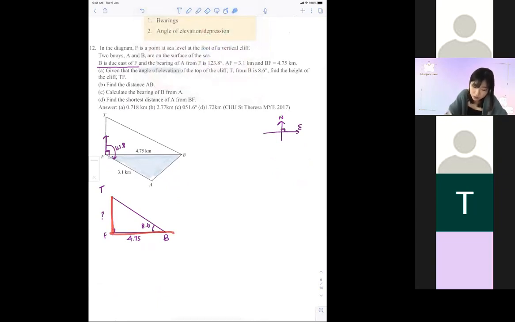You want opposite, you have adjacent, so you use tan. So tan 8.6 equals TF over 4.75. Divide, bring over, and you get your answer, which is 0.718 km. Make sure your unit is correct, 3 SF. This is for part A.